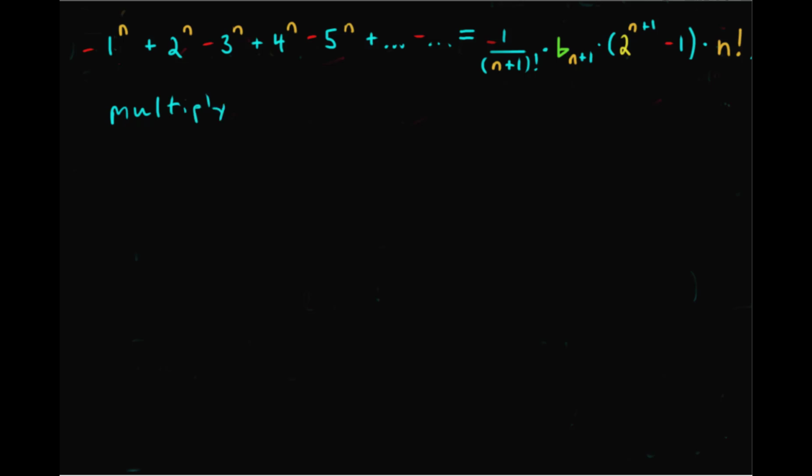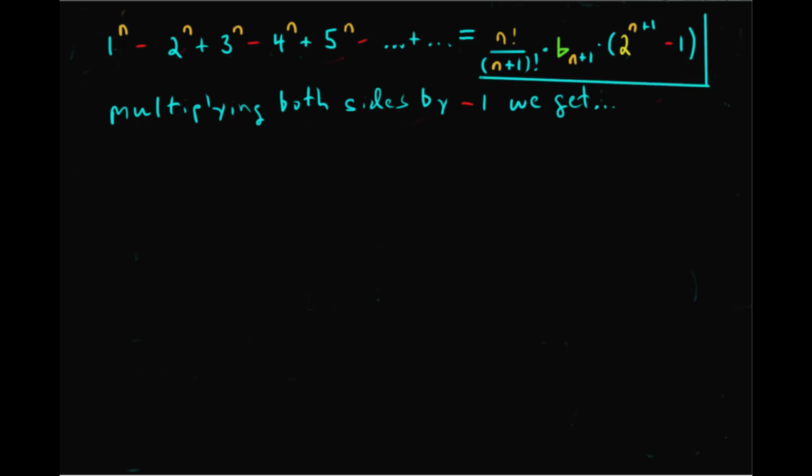Then when we multiply both sides of the equation by negative 1, we get the final form that we want. 1 to the n minus 2 to the n plus 3 to the n minus 4 to the n plus 5 to the n minus dot dot dot equals n factorial over n plus 1 factorial times b sub n plus 1 times the quantity 2 to the n plus 1 minus 1.